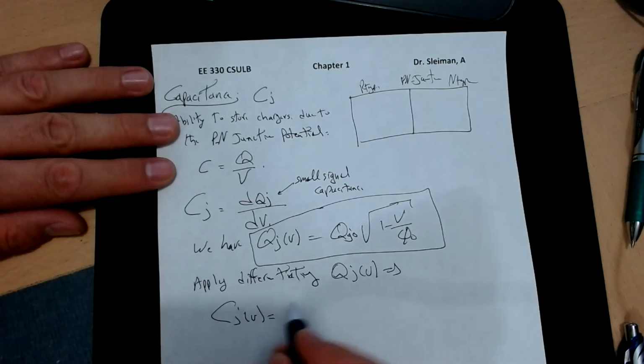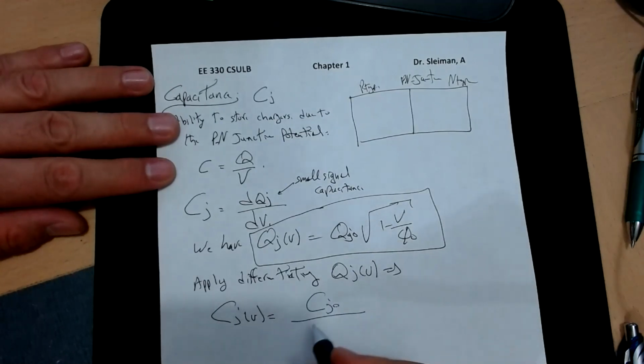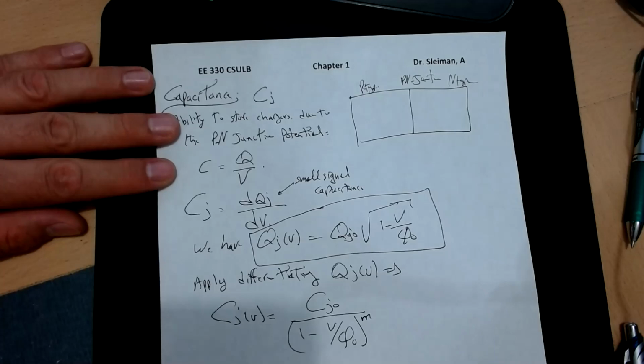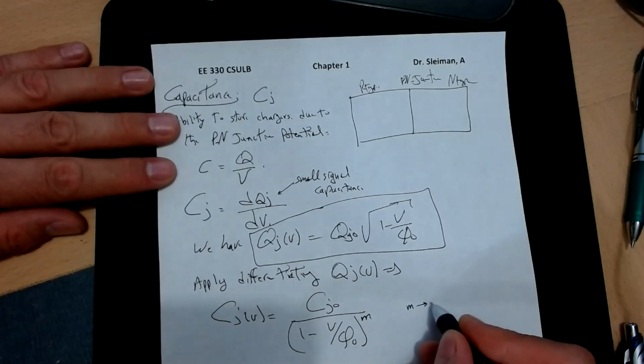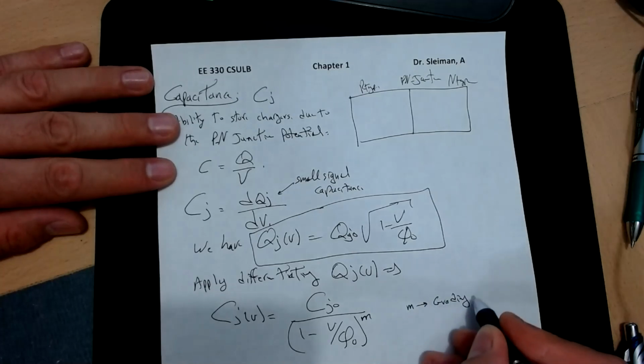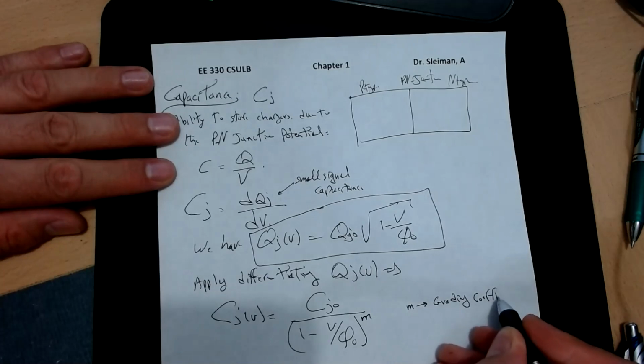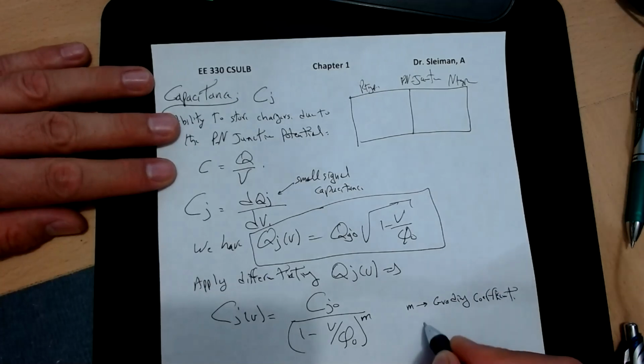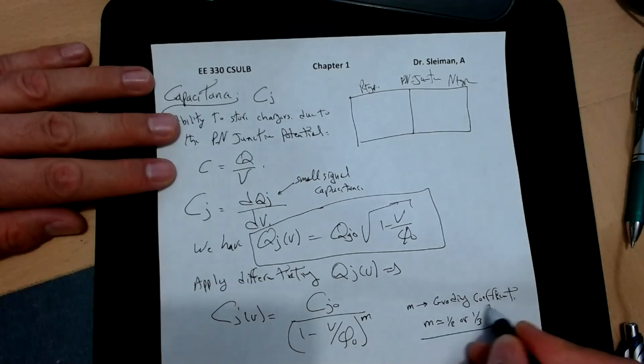Cj(V) equal to Cj0 divided by 1 minus V over phi 0, to the power M, which is the grading coefficient. Usually M is equal most of the time to a half or 1/3.